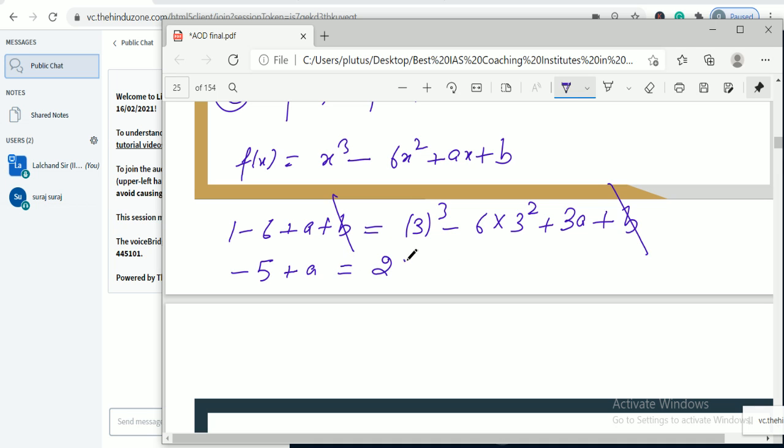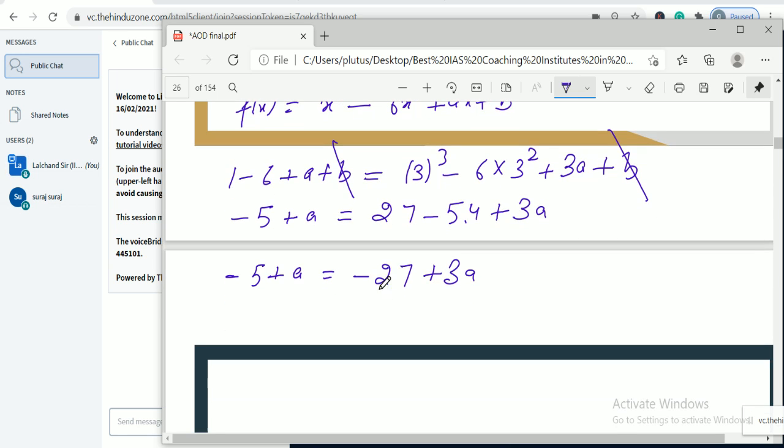This is 27 minus 54 plus 3a. If we simplify this, then this is minus 5 plus a. How much is this? This is minus 27 plus 3a, isn't it? So if we transfer this to this side, this gets positive, this is 22, and this side, this is 2a. So finally the value of a equal to 11.